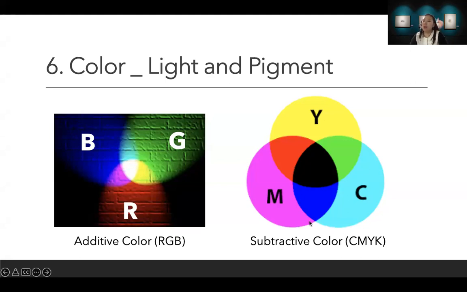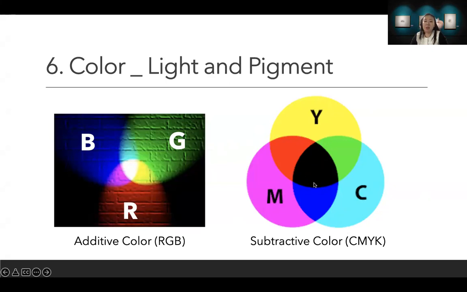And the subtractive color is also called CMYK color, which means C is cyan, M is magenta, Y is yellow, and K is black.